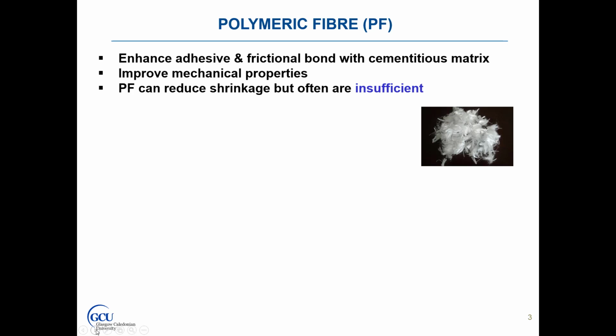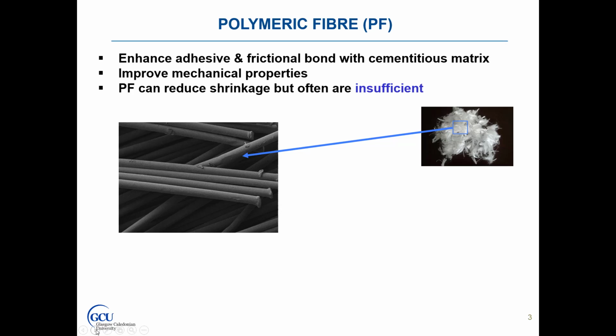In order to mitigate the negative shrinkage effect, polymeric fibers are commonly used, as widely documented. Incorporation of the fibers into the cementitious matrix can effectively improve tensile strength and mitigate early age cracking by providing frictional bond with the cementitious matrix.